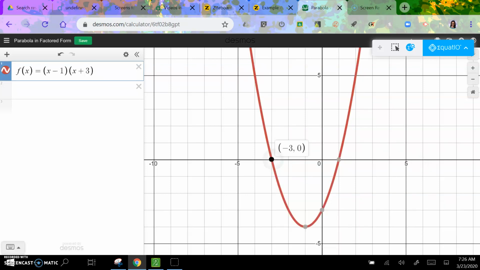On this parabola that's already graphed for us, our zeros are 1 and negative 3. And we notice that our axis of symmetry is smack in the middle between the two x-intercepts. That's because our parabola is perfectly symmetrical. The axis of symmetry will always be smack in the middle between the two x-intercepts, or between the two zeros.